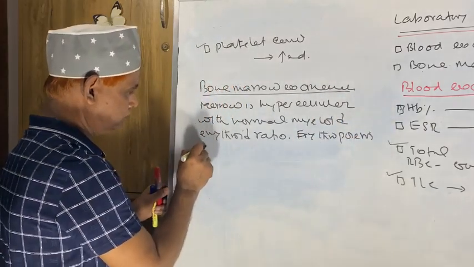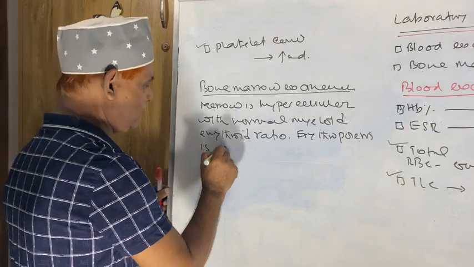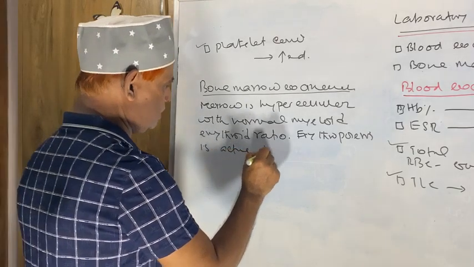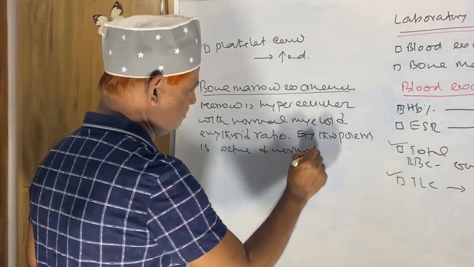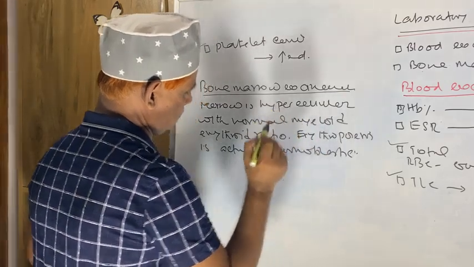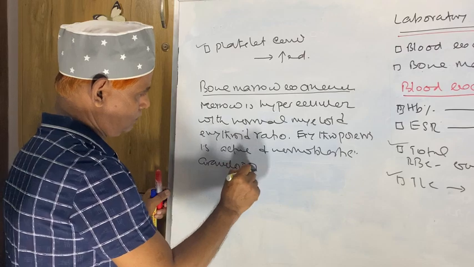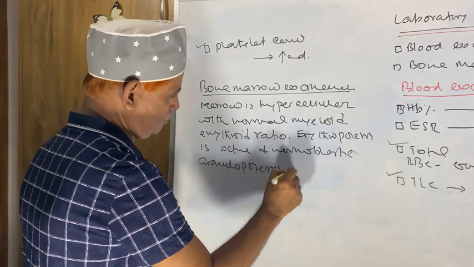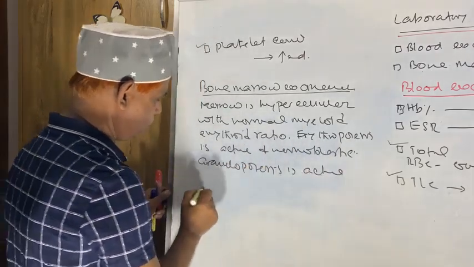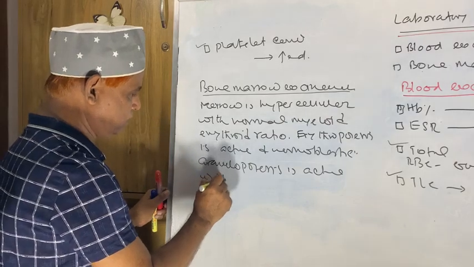Erythropoiesis is active and normoblastic.